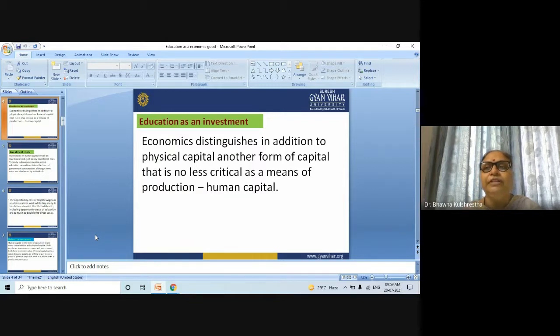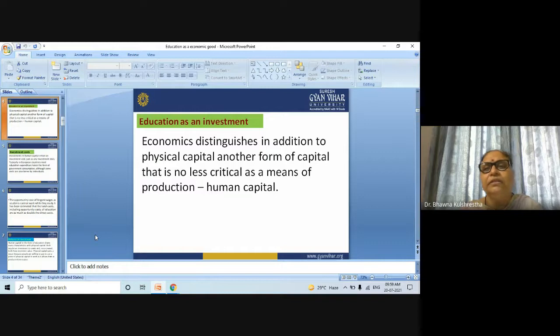And with investments in human capital, such as education, three major economic effects can be expected.